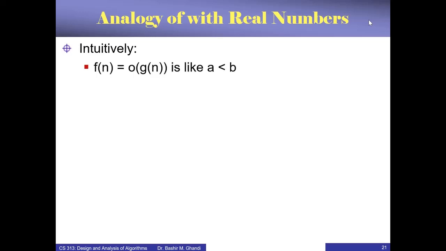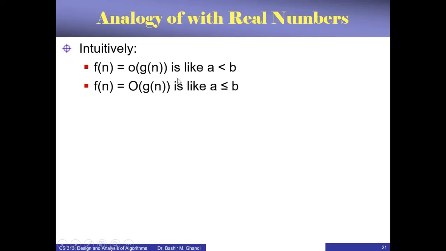We start with the little o. So f(n) is little o of g(n). It's best to think about it like saying a is less than b. In other words, just like a is less than b, if we say f(n) is little o of g(n), we are saying f(n) is less than g(n).